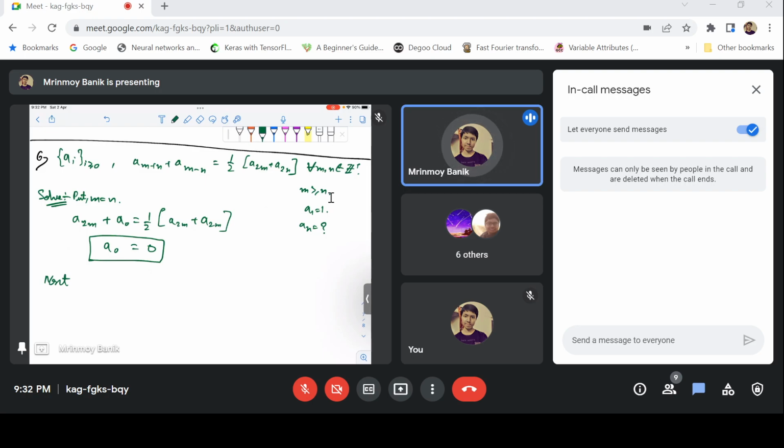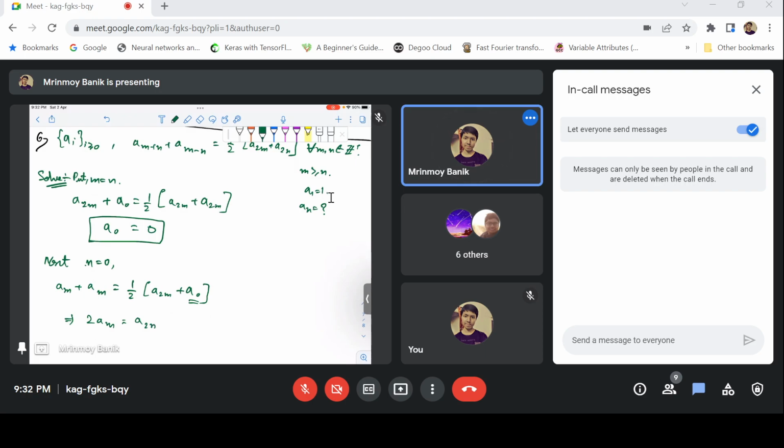Next we can put one of m and n as 0. So let's go for n equals 0. So we have a_m plus a_0, sorry, a_m equals half times a_{2m} plus a_0. a_0 is 0, so a_{2m}.